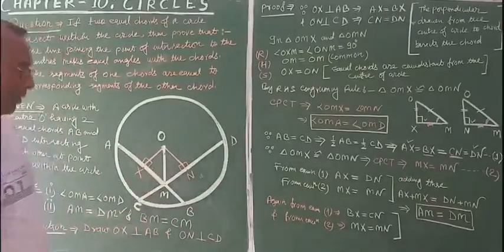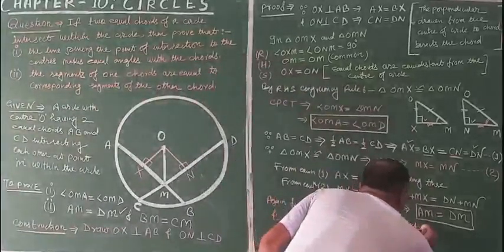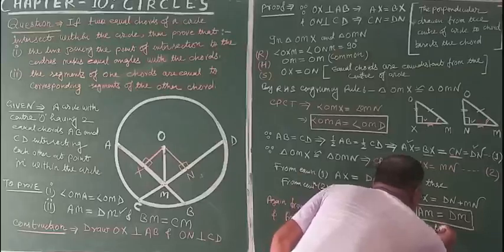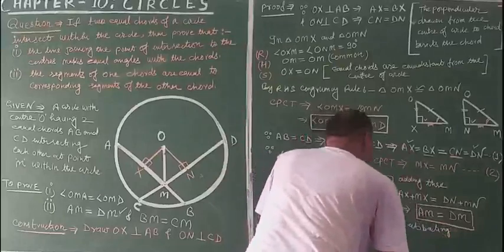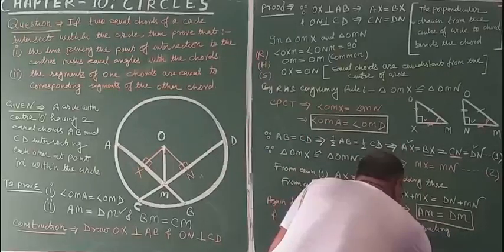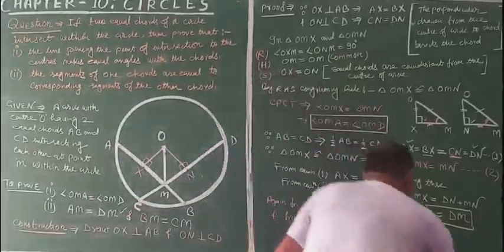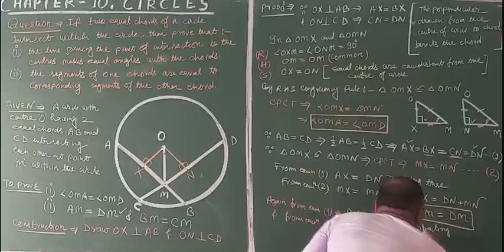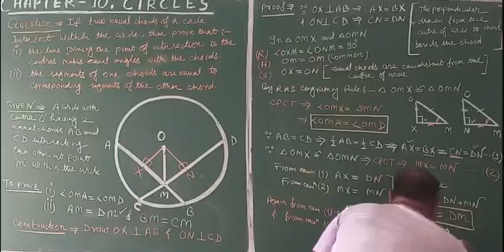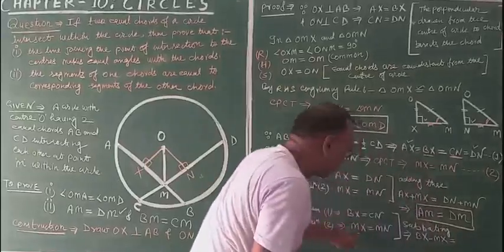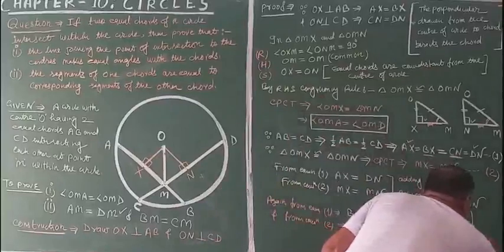Now subtract it. Subtracting. What will you get? Just look here. BX minus MX is equal to CN minus MN.